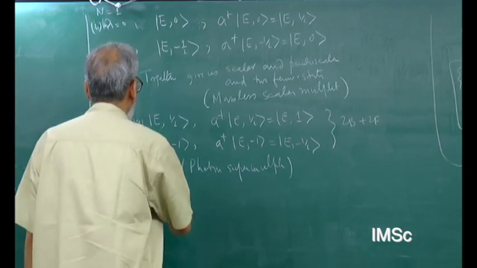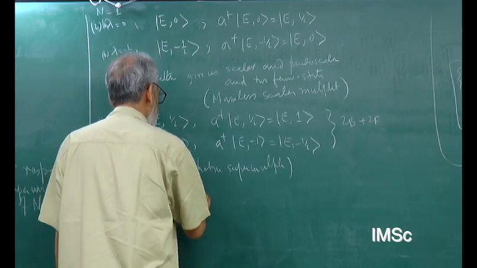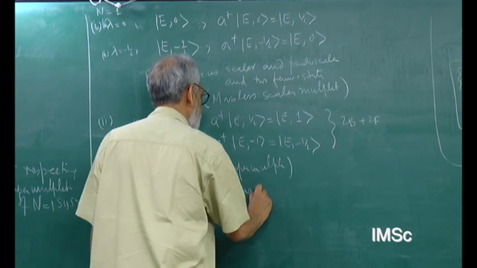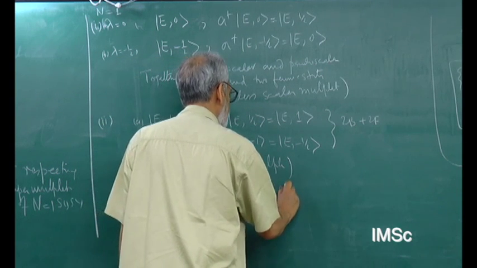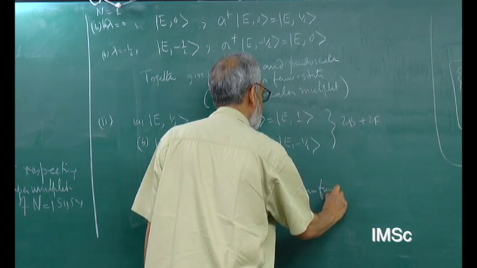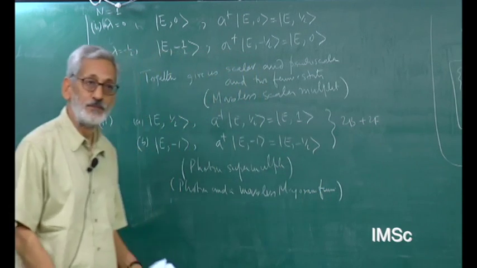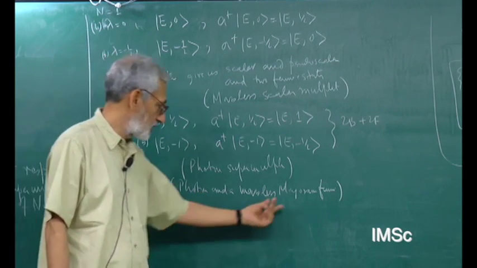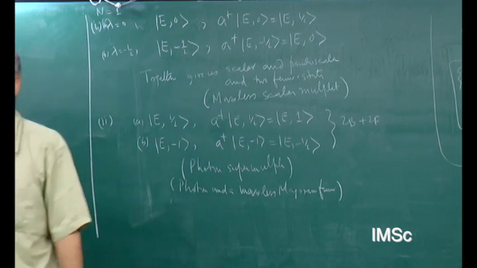So this has a photon and a massless Majorana fermion. Photon has 2 states, a Majorana fermion has 2 states.